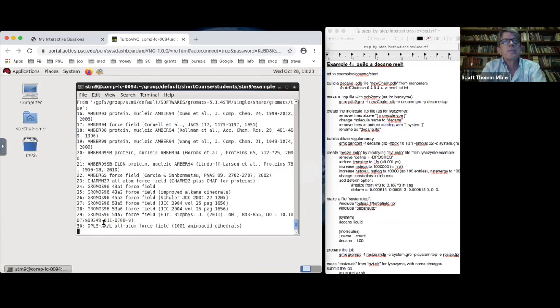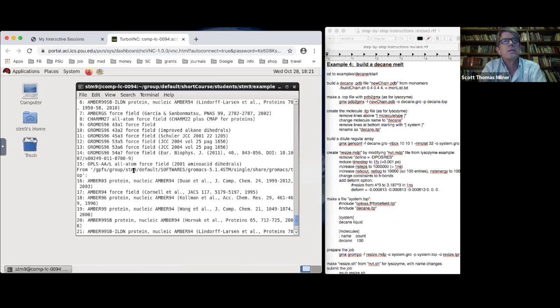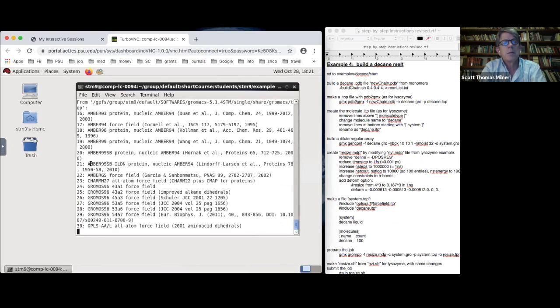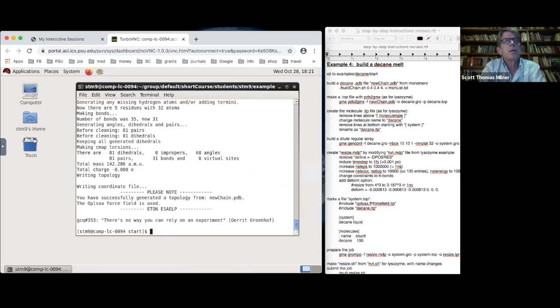And then it asks me which of these gazillion different potentials I want. And the answer is, I believe, 15, the OPLS. Fingers crossed. I don't want a water model.